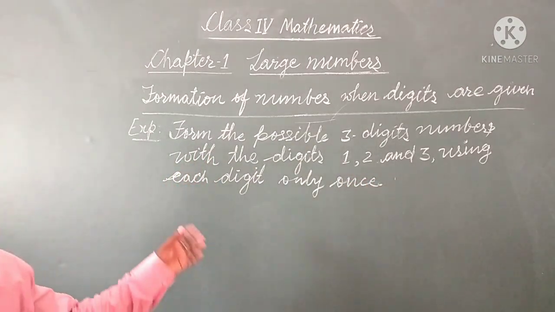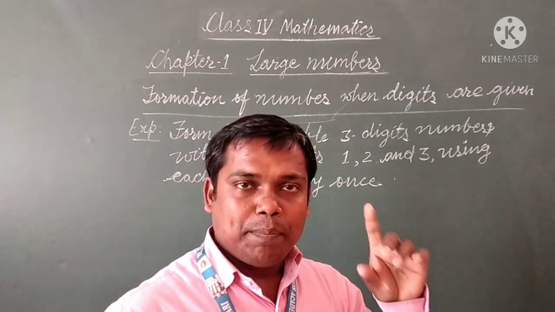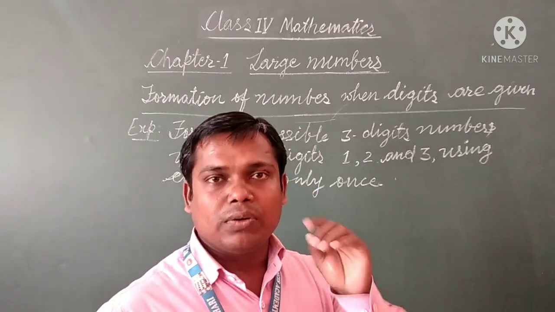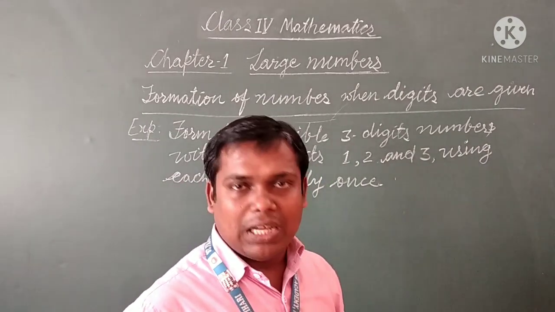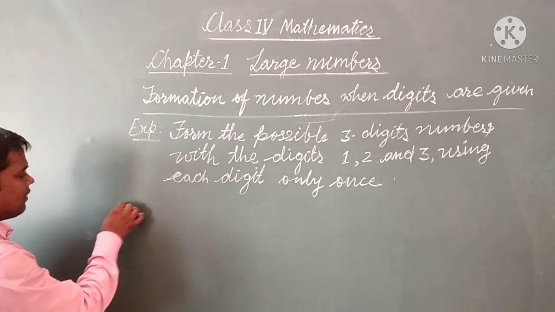Each digit using only once means that among these 3 digits, in a particular number we take 1 only one time, 2 only one time, like that. So let's see the solution of this question.